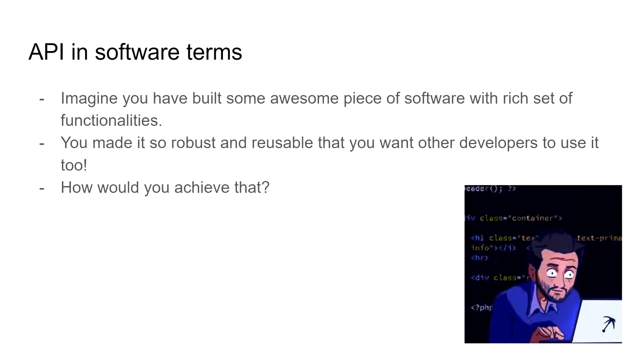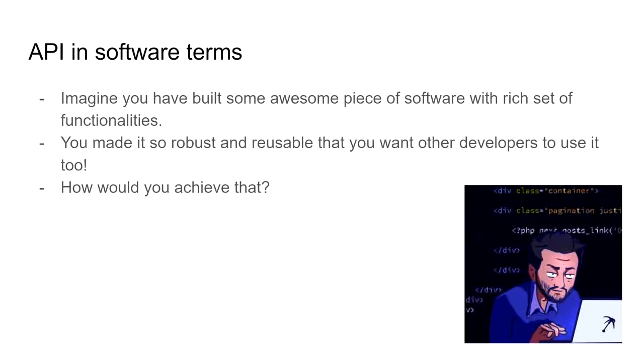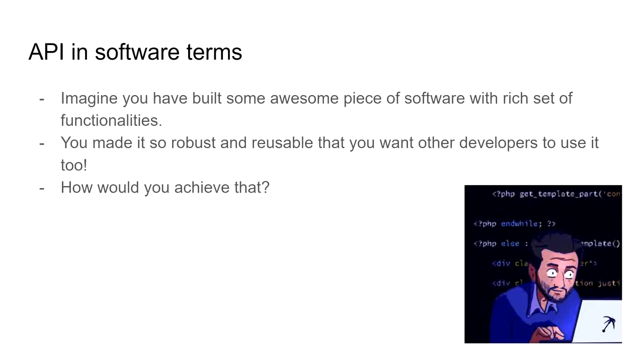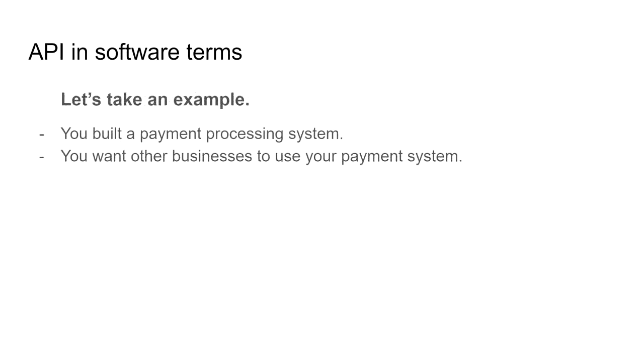But how would you make other developers use this awesome piece of software that you built, right? Let's take an example. So you build a payment system. You want other businesses to use your payment system to make payments. So one of the examples could be when you check out from different e-commerce websites, you want all those e-commerce websites to use your payment system, right?